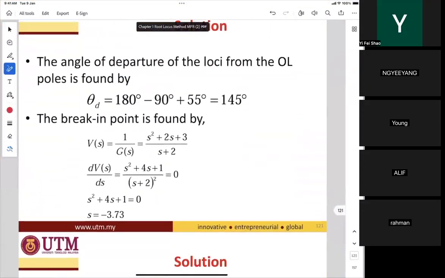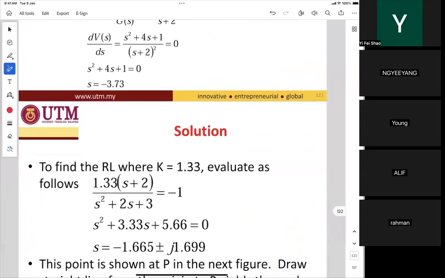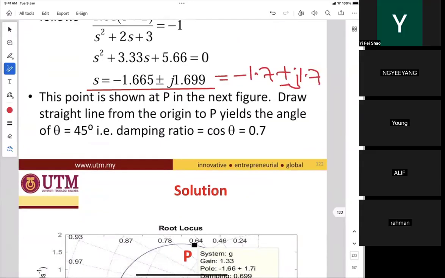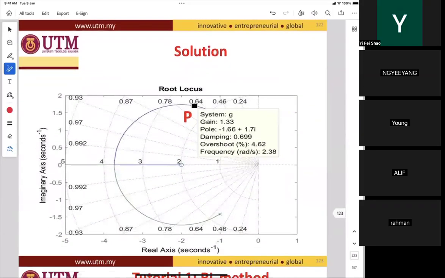They repeat the angle; the break-in point was already there. Negative 1.7 plus minus J 1.7. Cos theta is 0.707 actually. So theta is 45 degrees. So this is the dominant pole.